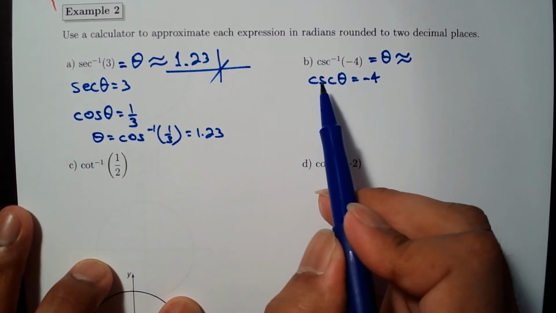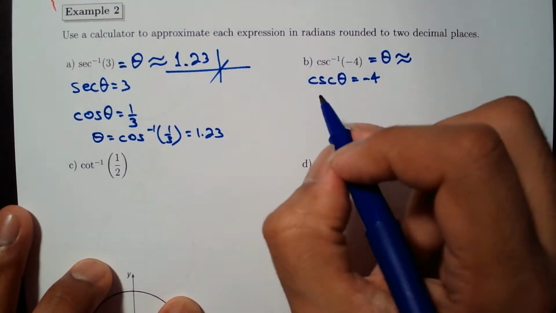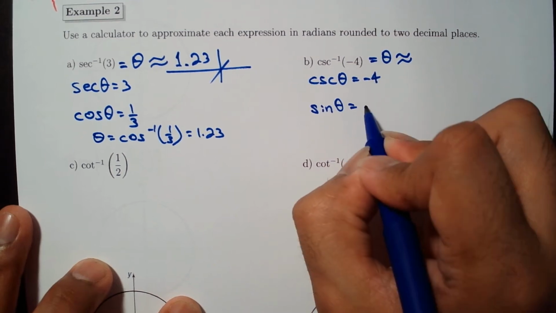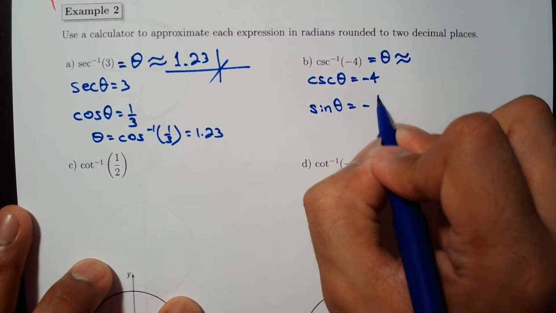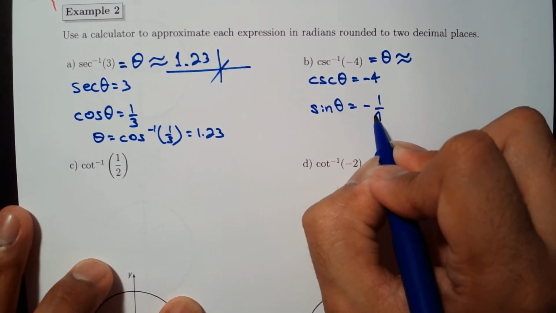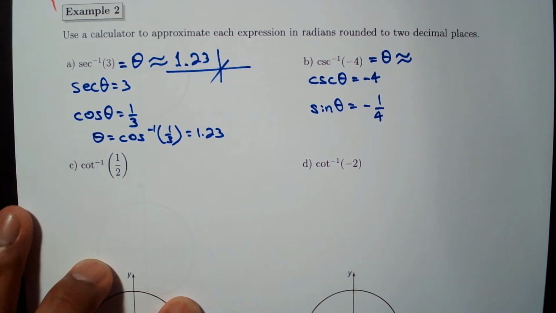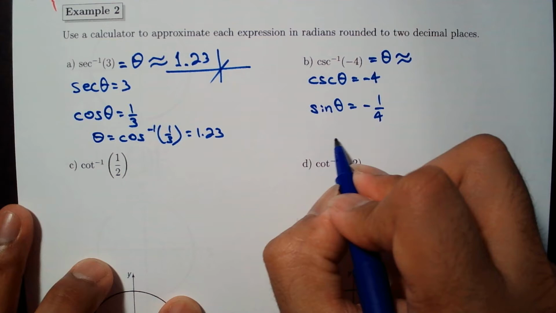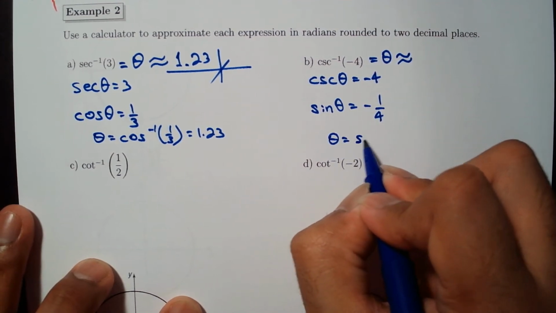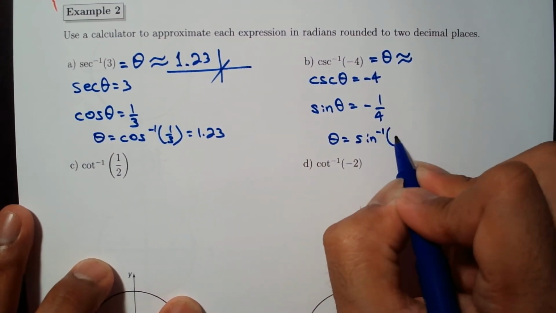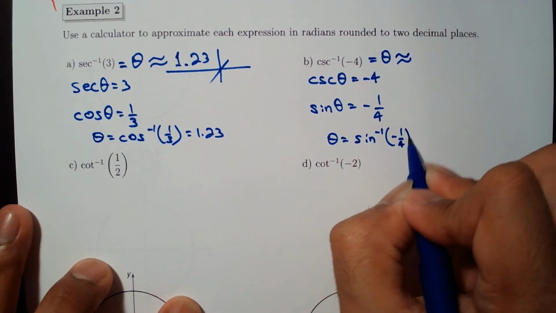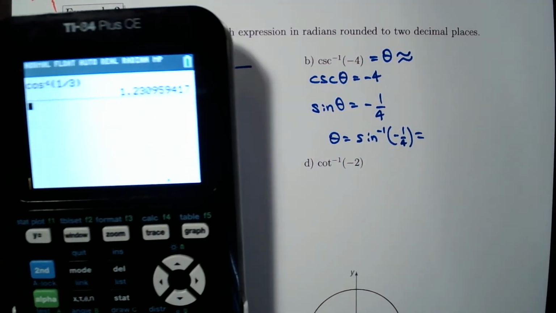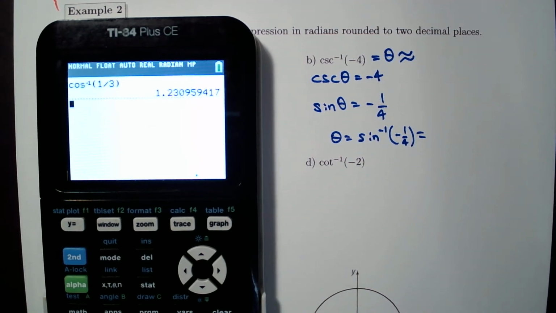I'm going to change this cosecant into its reciprocal, which is sine, and we need to write the reciprocal of -4, which is -1/4. Then using the inverse properties again, we get that theta equals sine inverse of -1/4. In this case, we just use a calculator.